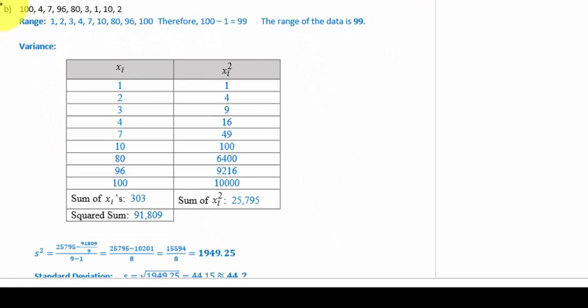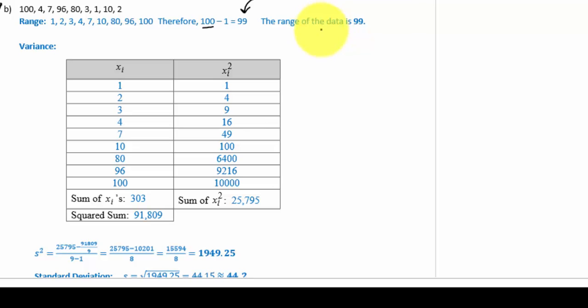Example B is a new data set, 100, 4, 7, 96, 80, 3, 1, 10, and 2. So to find the range, we would place our measurements from the smallest to the largest, and therefore the largest of 100 minus 1 makes 99 for the range.